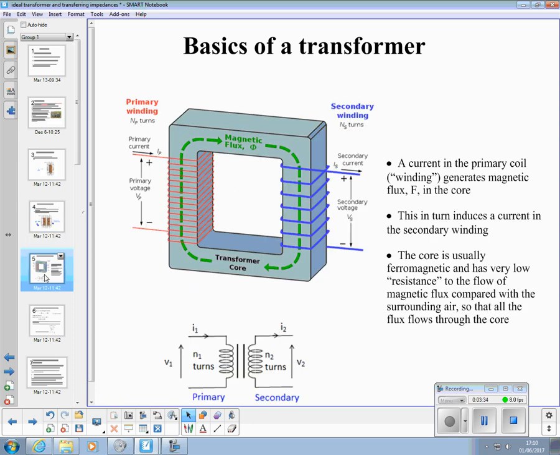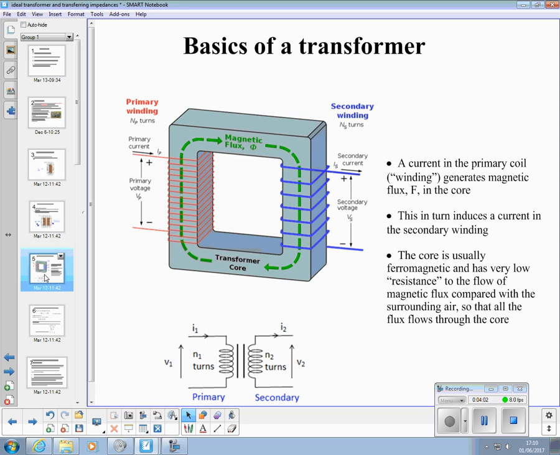What they tend to do is put the coils onto an iron core that is, in its most basic form, circular, with the primary wound round one side and the secondary round the other. That concentrates the magnetic field, because it would rather exist inside the iron core than in air, and so we get much better linkage and a much more efficient transformer.